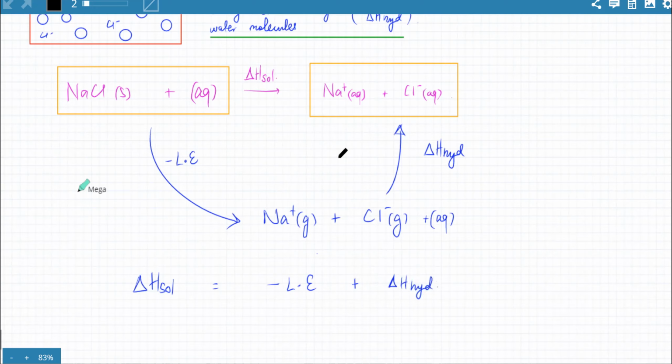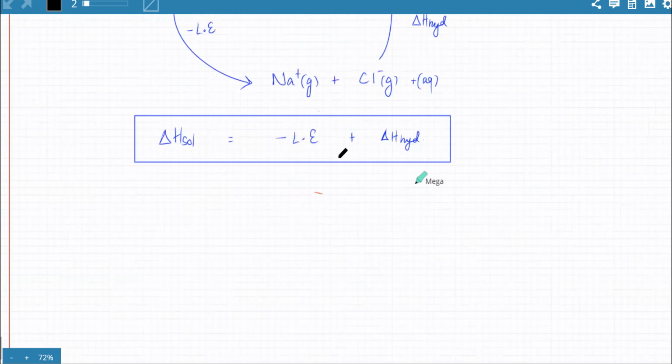So the other thing about this is, the first part is endothermic, the lattice energy part, where you're breaking the ionic lattice. So that is endo, and the next part is exo.